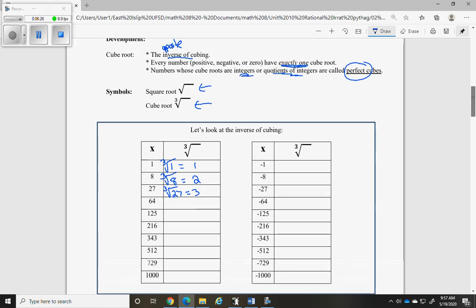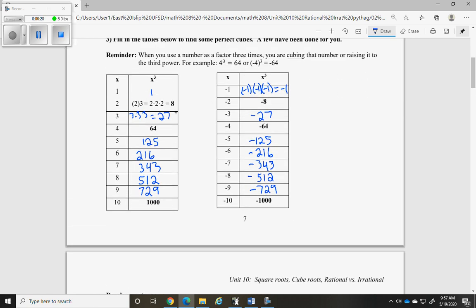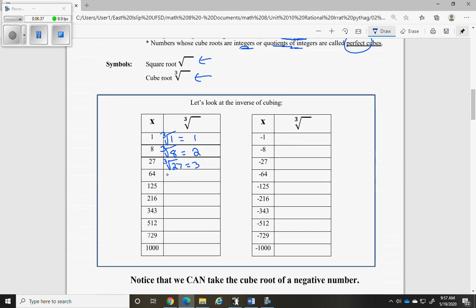And we really can just refer back to this list, right? The cube root of 64 is 4. The cube root of 125 is 5. And so on.